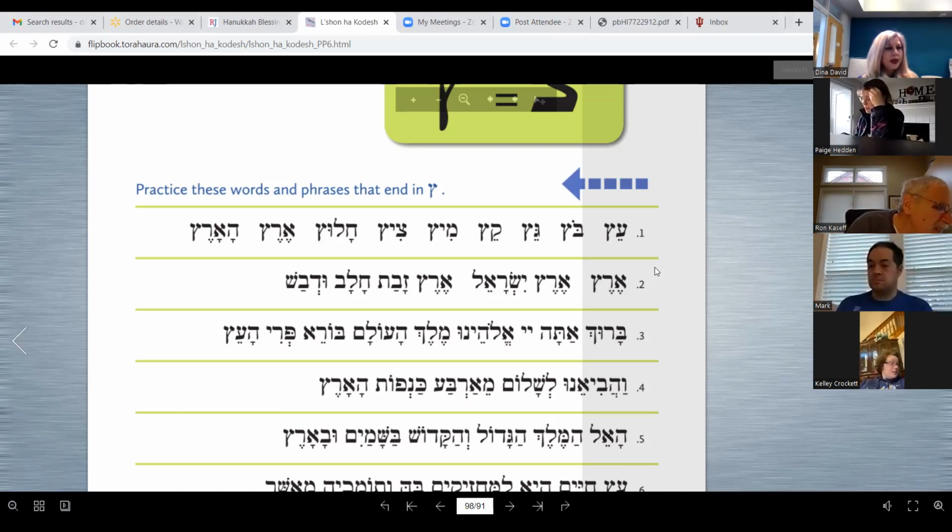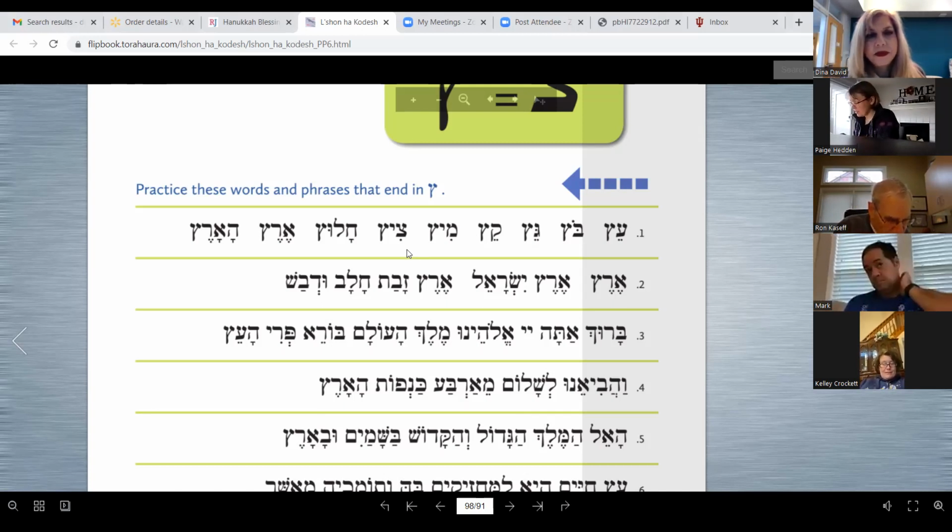It's 1 dot, so it will be meats. It will be seats, because the first one is tzadik and it seats. Boats. Chalutz, it's an U, chalutz. Rats.